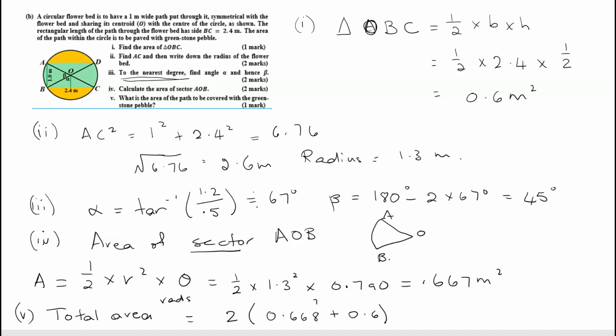So you've got the sector, you've got the triangle, but there's 2 of them because it's symmetric below the line and above the line, so that's why it's multiplied by 2. Or you could have done it in separate calculations and you would get some answer that's pretty close to 2.53. But again, you need to use the unit.